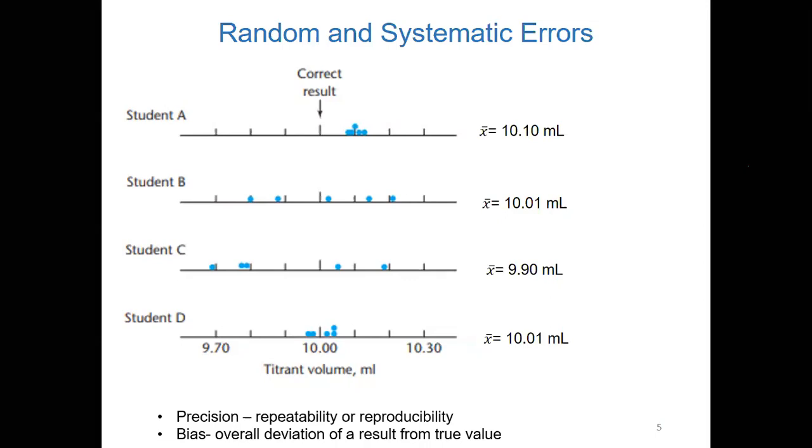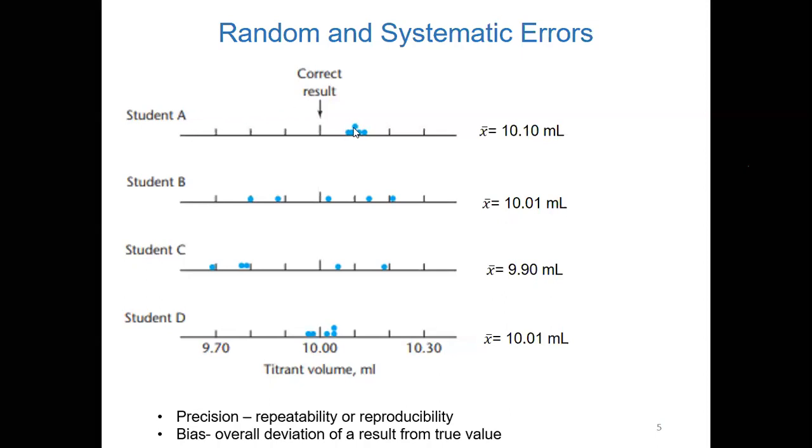Precision is the repeatability, whether we can repeat the same result. And bias is the overall deviation of a result from the true value. So keep this definition in mind, because when I explain this, you have to have an idea about it. Okay, then let's move to student A.